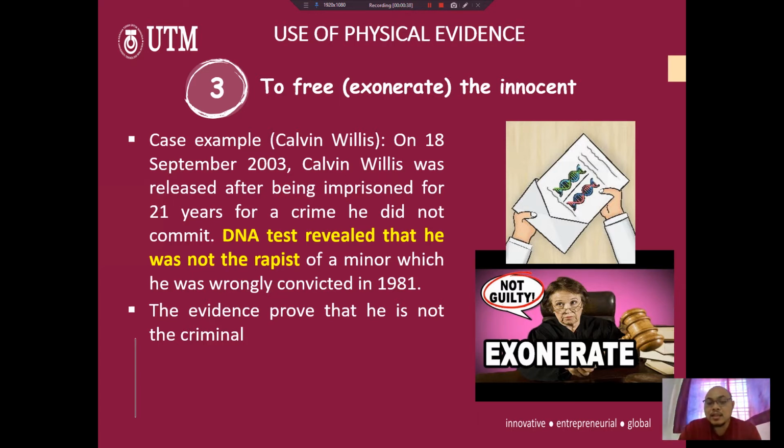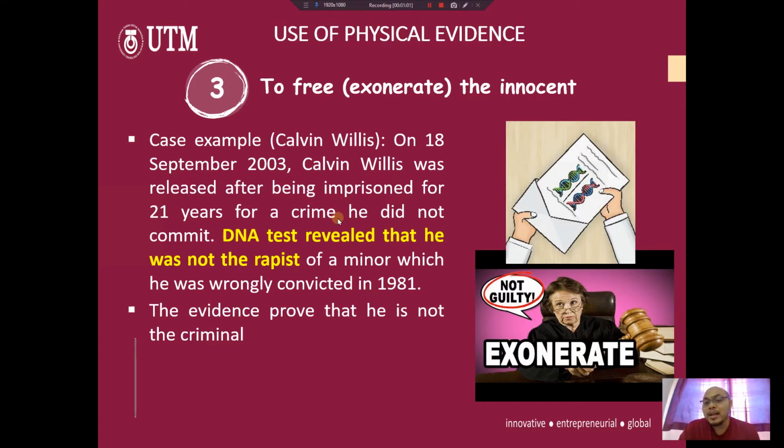Before the 1990s, convictions relied more on eyewitnesses or fingerprints. So the wrong conviction caused him to be imprisoned for 21 years. But after the analysis, the physical evidence revealed that the DNA from the victim did not belong to him.